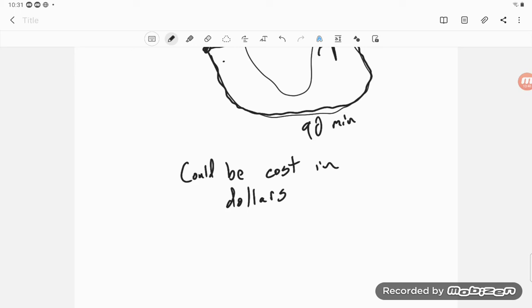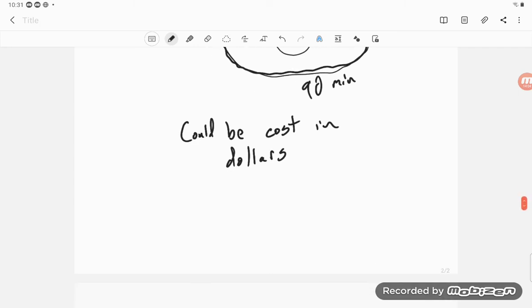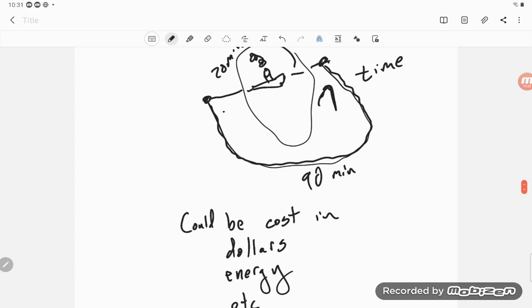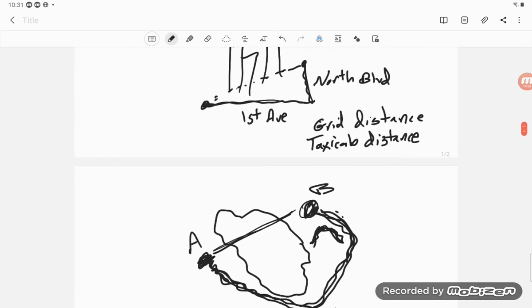I need to mail something from Lexington to Louisville, and what's the transportation cost of shipping it? So it could be in dollars, it could be in energy, right? It costs you energy to make something happen. So, etc.